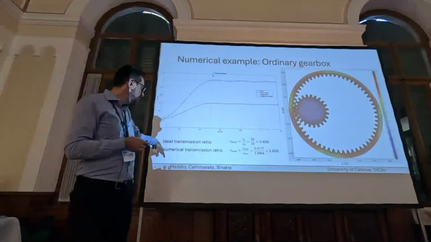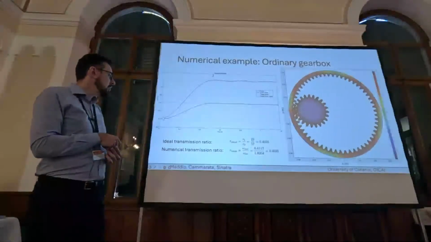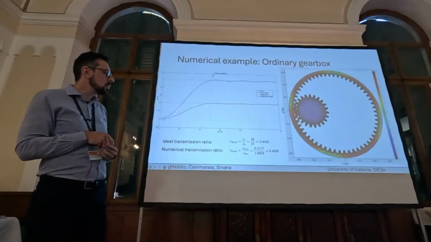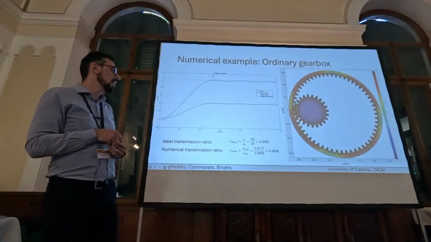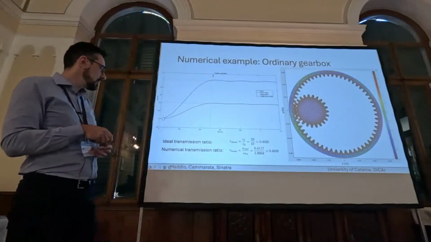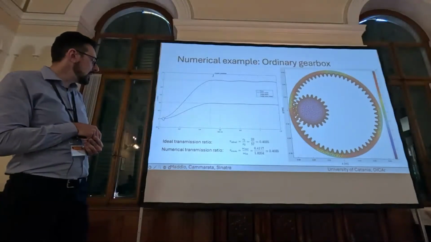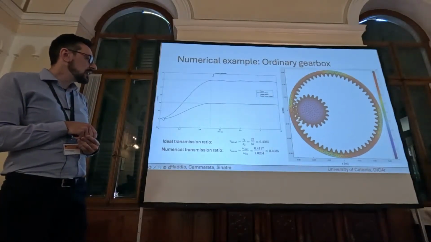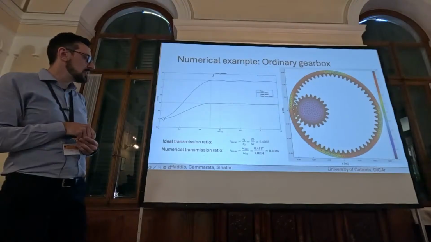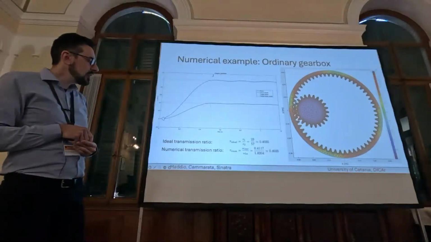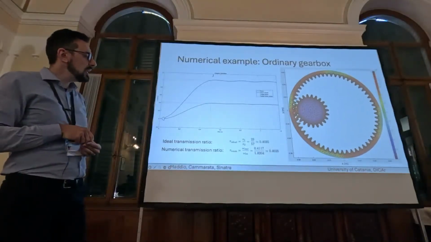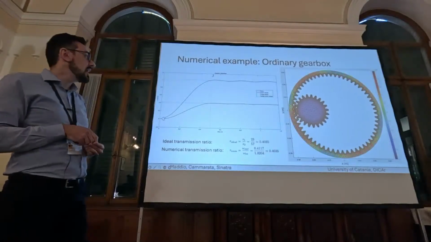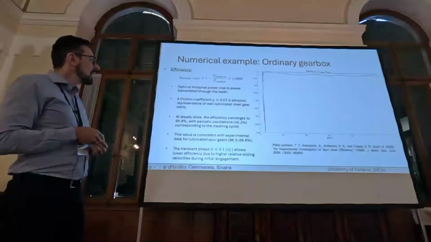And here we report the ideal transmission ratio, that is the ratio of the two teeth equal to 0.40, and by obtaining the numerical transmission ratio, extracting the two angular velocities, omega, the angular velocity of the crown wheel and the pinion one, we obtain exactly the same values.